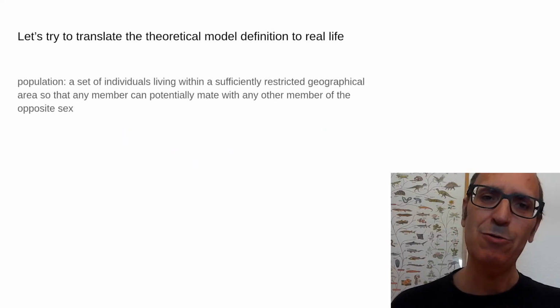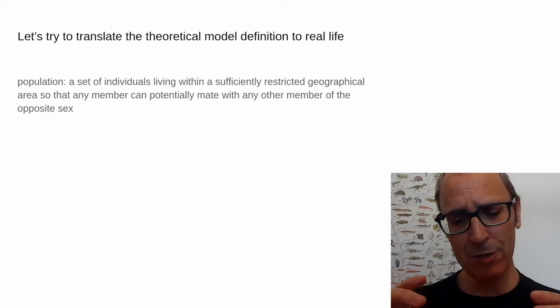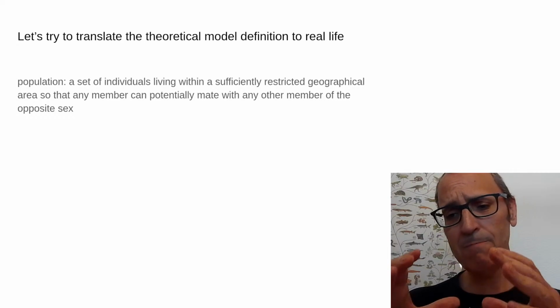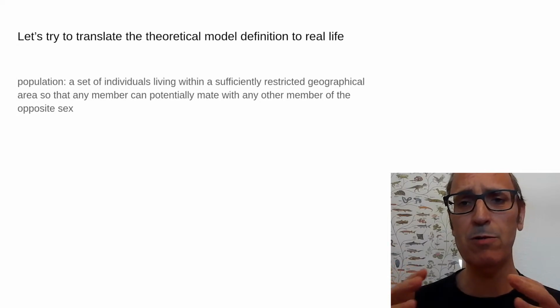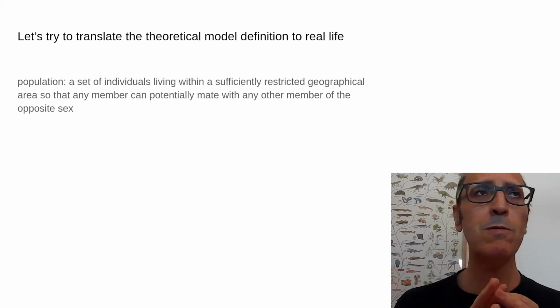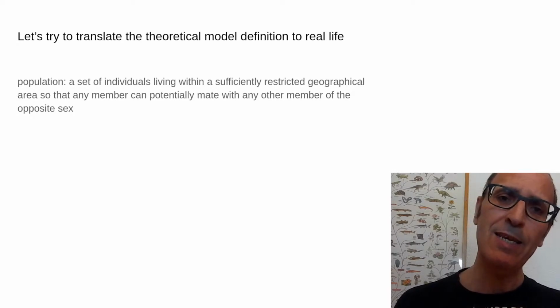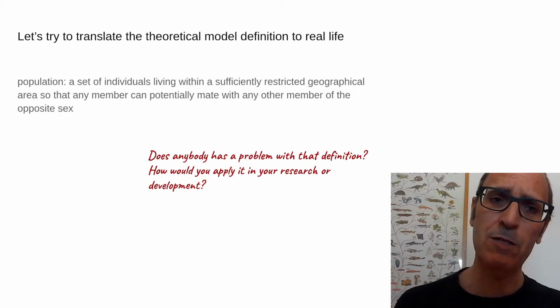That is not trivial, because we could think, well, maybe a population is a group of individuals that live close by, that live in a restricted geographical area, for instance, in a valley, and this is my population. The population is the individuals that live in a valley, or in a country or wherever, and that are potentially capable of mating with members of the opposite sex.